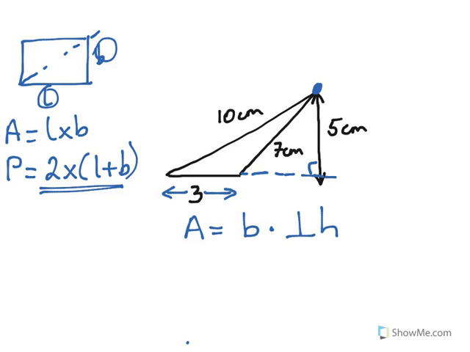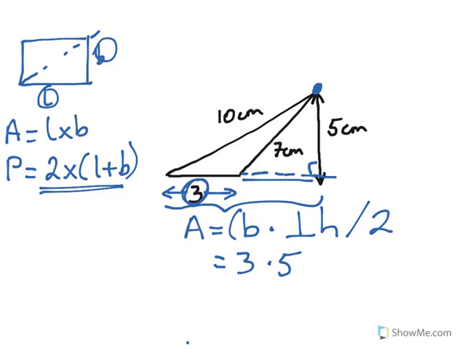So if we were going to calculate the area here, we wouldn't measure the length of this whole line, because this imaginary angle doesn't get counted in at all. If we're going to calculate the area of this triangle, we use the base of 3 centimeters, and we multiply it by the perpendicular height, 5, and then we divide all of that answer by 2.